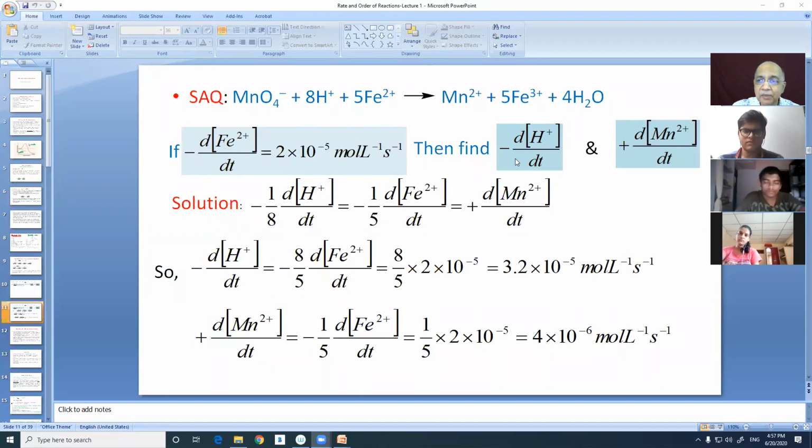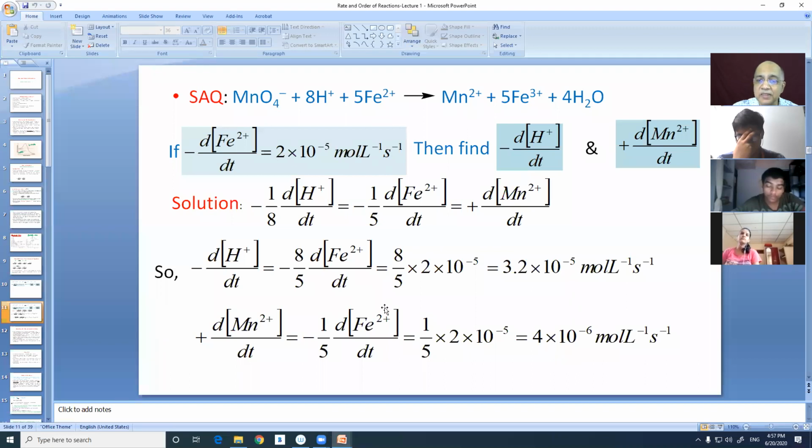So then minus dH plus by dt is equal to, you know, from this relationship, this 8 will crisscross, 8 will go here, and 5 is already there. So 8 by 5, right? Since this minus is given, that means this is minus.